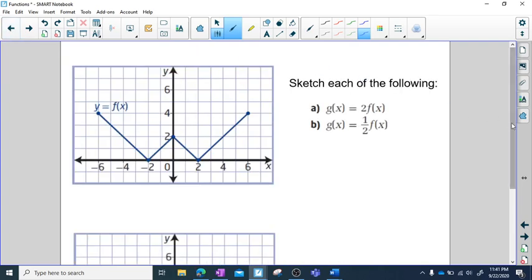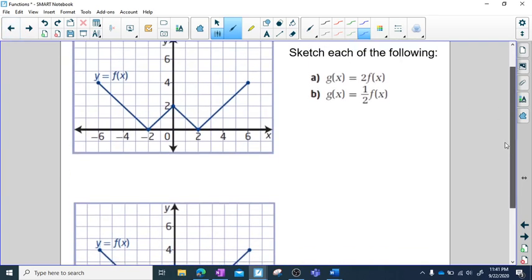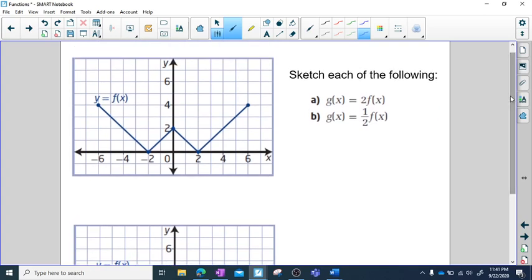Now, if I just backtrack for a second, if I wanted to draw on these graphs, let's do on the first one, let's sketch twice f of x. When the number's out in front of your output, it means you're going to double the y values. This one's at 4, which means the x won't change, but the y value will go to 8. 8 is right there.